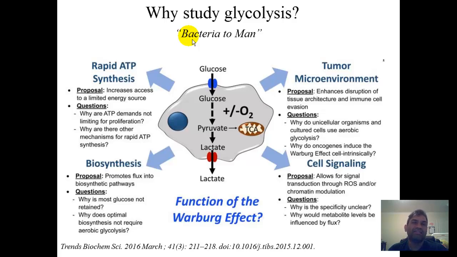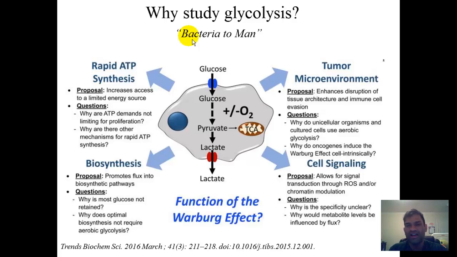The idea being is if you can study a pathway in bacteria, more than likely it's akin or analogous to what is seen in mammals. So the idea is that we see glycolysis in E. coli, we see glycolysis in bacteria, and we also see glycolysis in us. Very, very important in the red blood cell. Glycolysis is very important in the brain because we usually get most of our energy from hydrolyzing glucose in the brain.